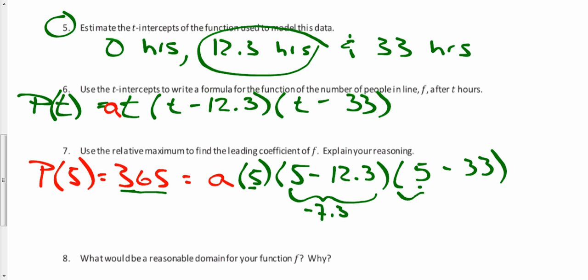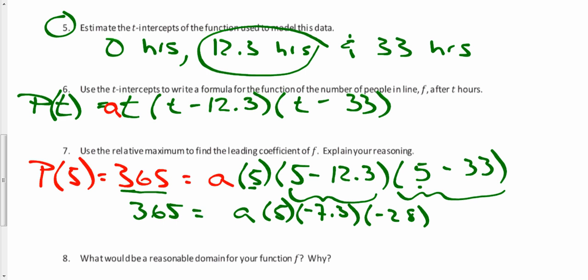And 5 minus 33 is negative 28. Am I right? And then A times 5. This all equals 365. So now, how do I solve for A?